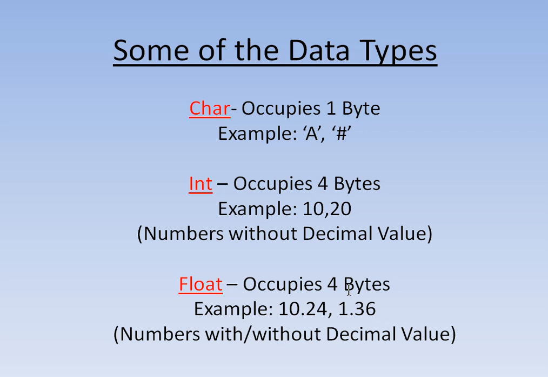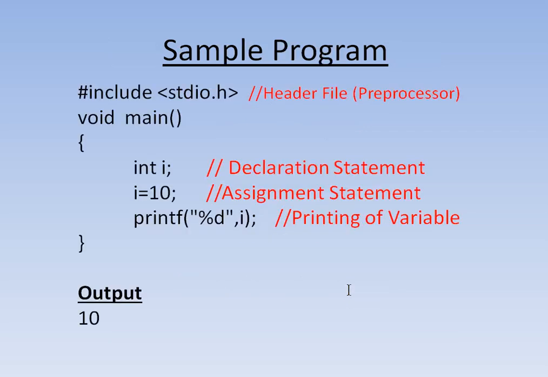Let us explain all this that we have studied with respect to variables, constants and assignment by means of a small C program. See, first we have got an include in a C program or a C++ program. I have included the header file stdio.h.